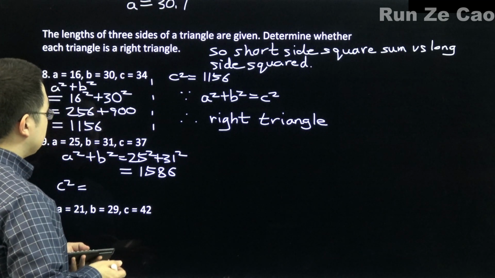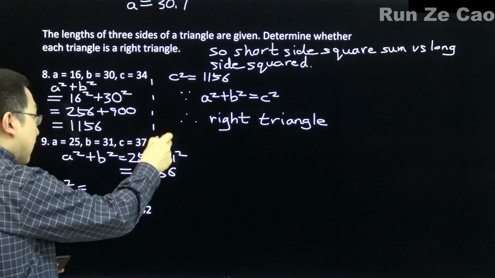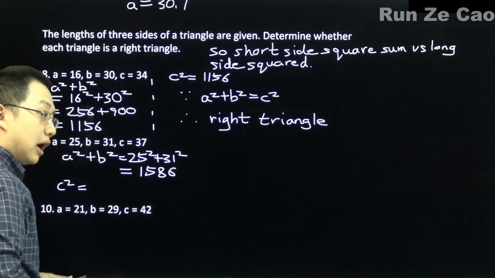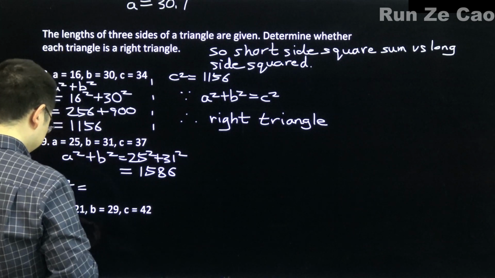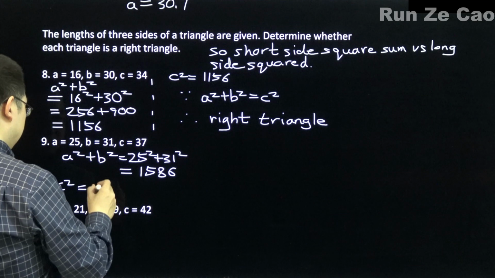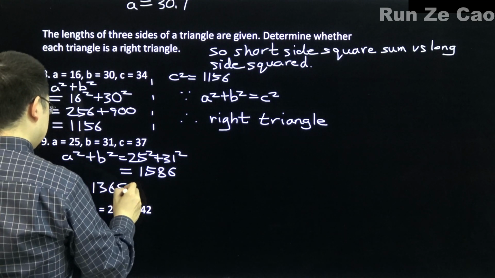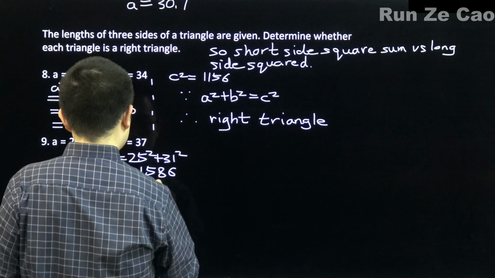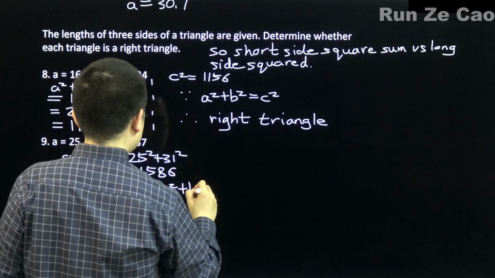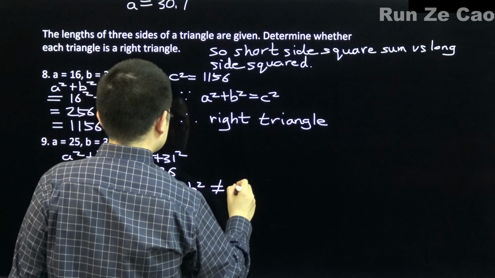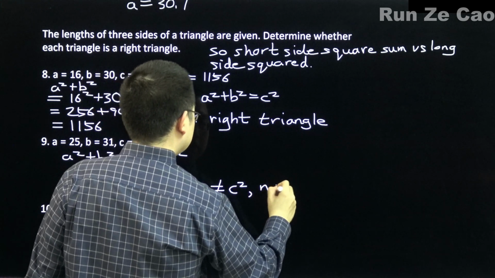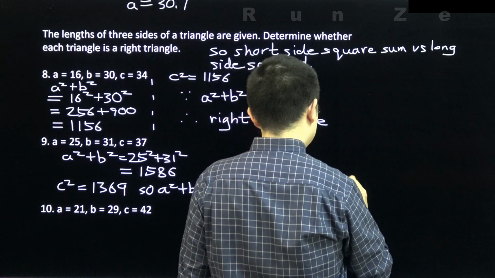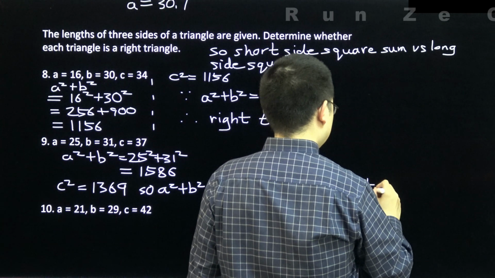How do we know? Because this is even, and that's odd. An odd number squared gives you an odd number. So 1369. So a squared plus b squared are not equal to c squared. Not a right triangle.